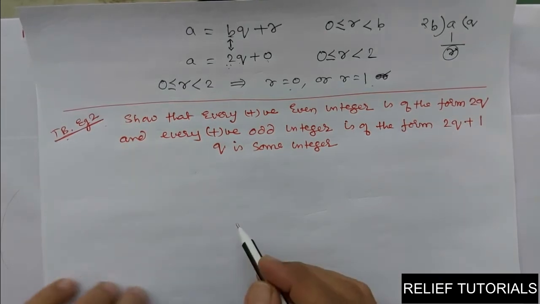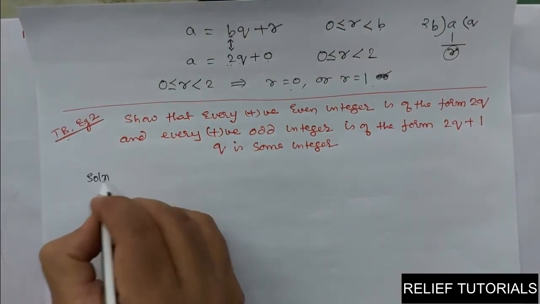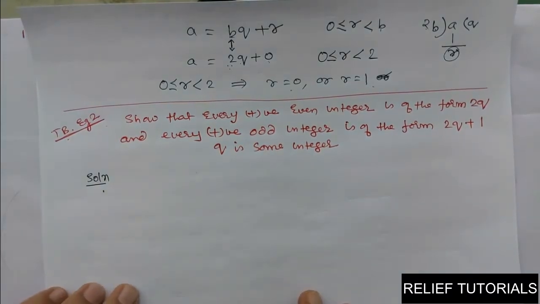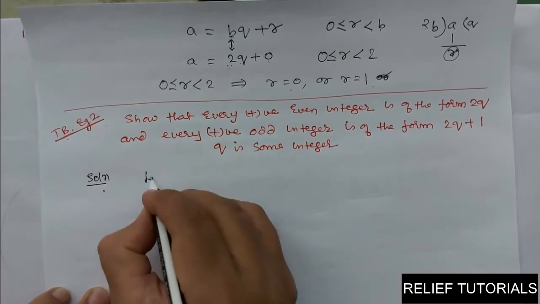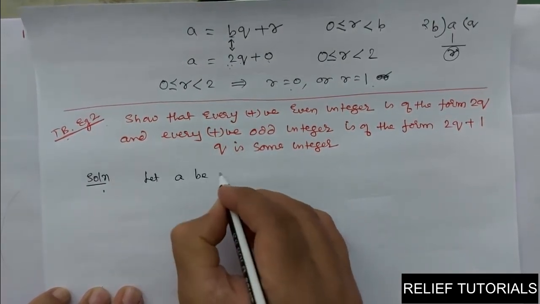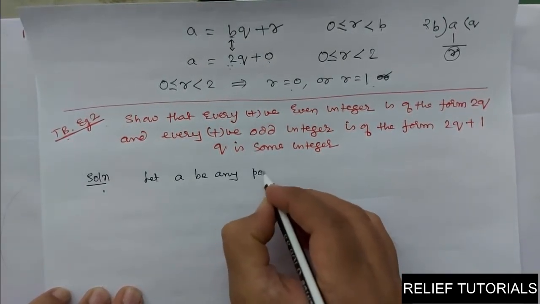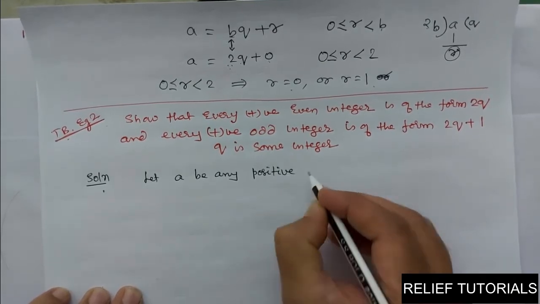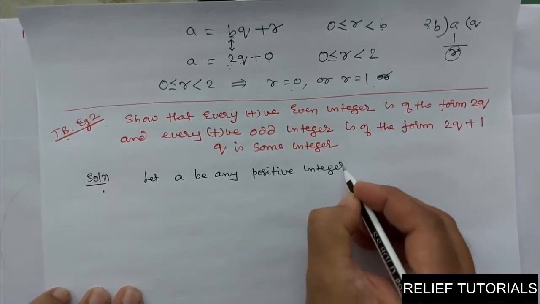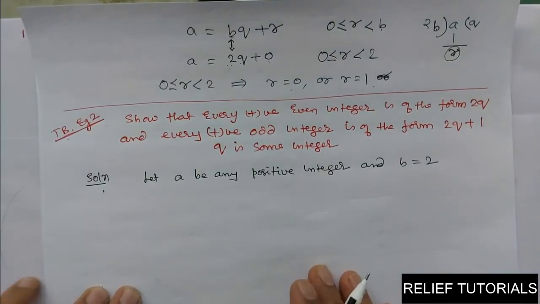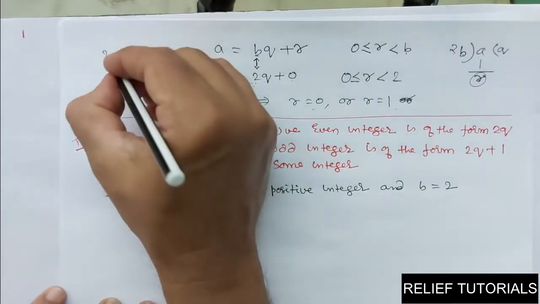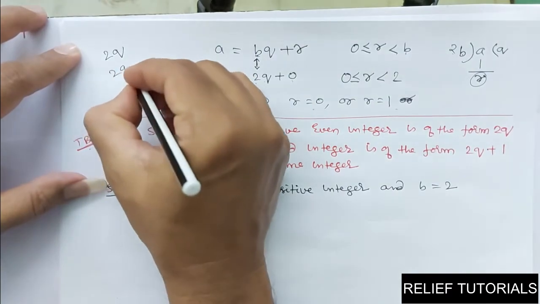So, solution. Let a be any positive integer, and I will take b equals 2. Why, friends? Here we have 2q and 2q plus 1.